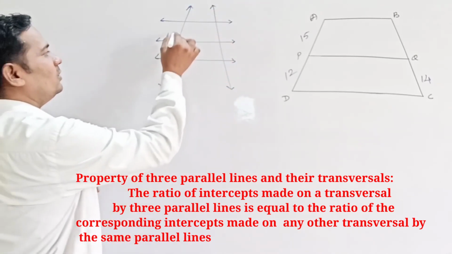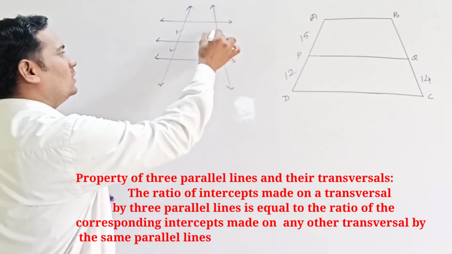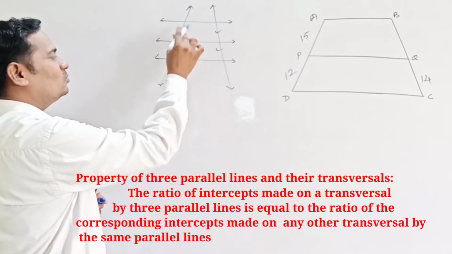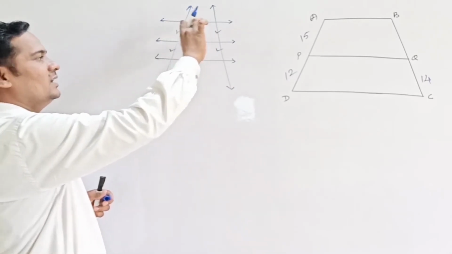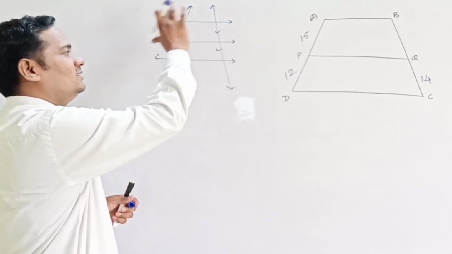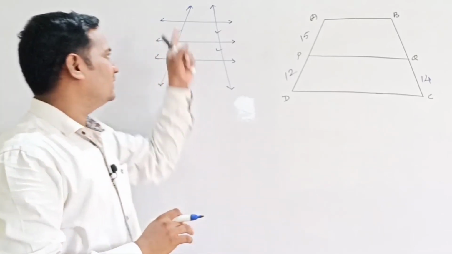That means we take the ratio of these two intercepts equal to the ratio of these two intercepts. So this is the property of three parallel lines and their transversal.